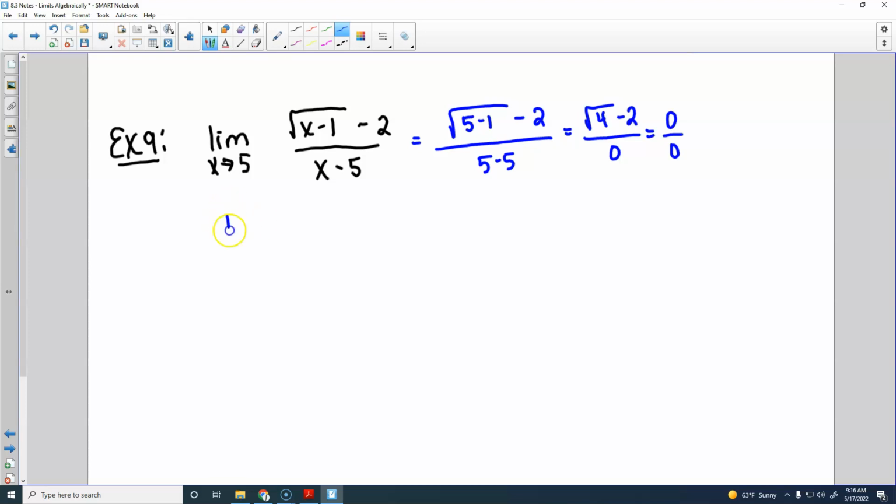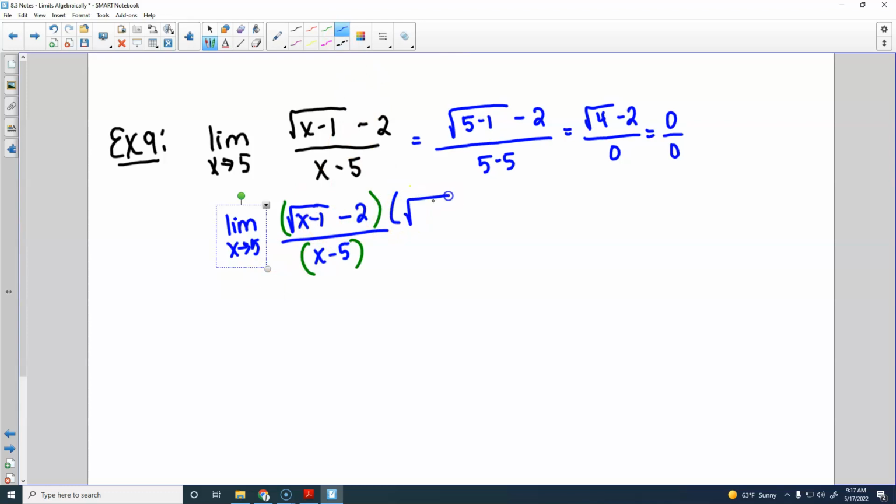So what we want to do here, so we've got square root of x minus 1 minus 2 over x minus 5. Start off, put yourself some parentheses, top and bottom. So we need to multiply by the conjugate. That's a fancy word for what we were doing on the last problem. I don't know if I said it.